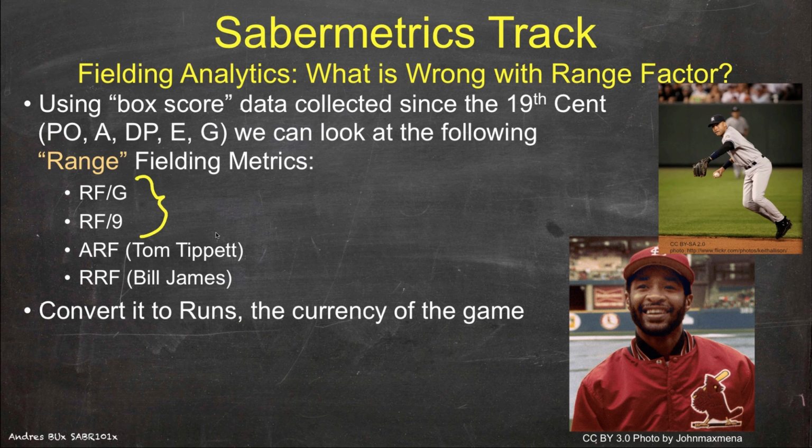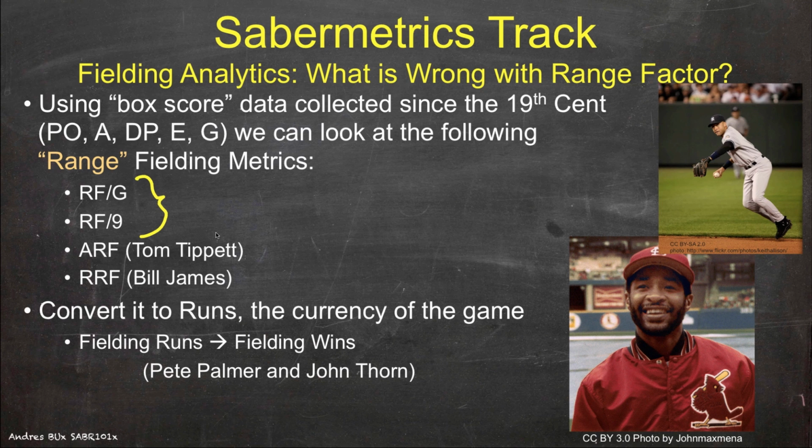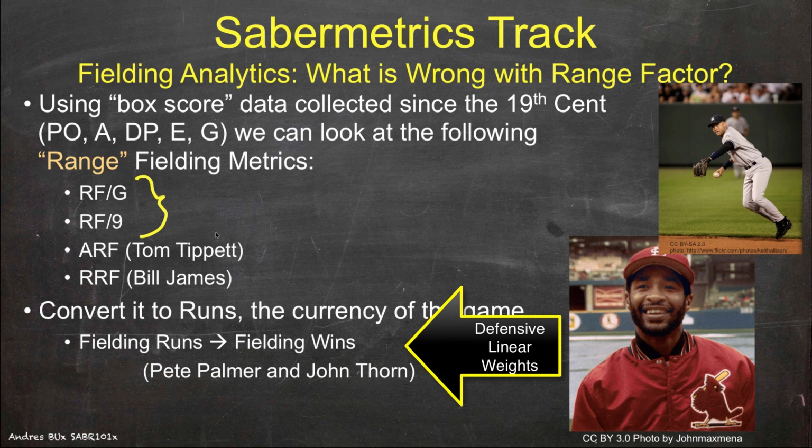In the early 80s, there was a move by Pete Palmer and John Thorn to create fielding runs, an attempt at measuring all the components of fielding for all the different fielders and convert it into runs. We've talked about hitting linear weights. What Pete Palmer and John Thorn called this was defensive linear weights.